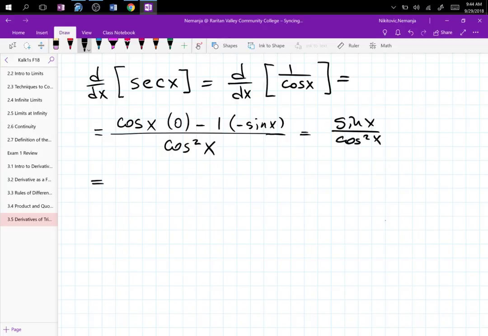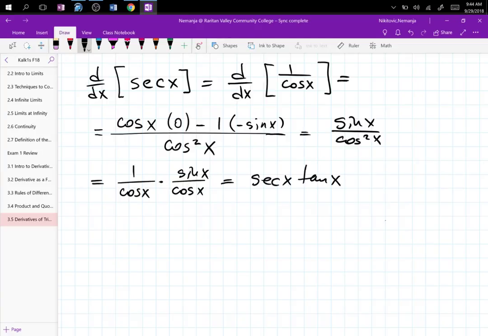Now, I will split this into two fractions. There will be a fraction that is 1 over cosine, leaving 1 cosine in the first. And then the second cosine goes with the sine there, which is secant x tangent x.